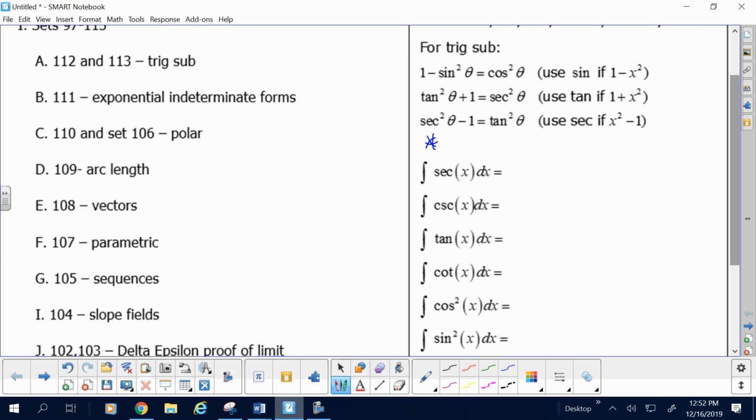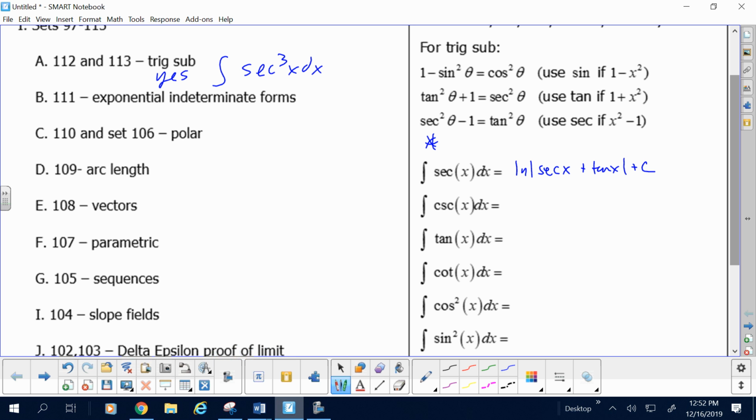Would you add in here, be able to integrate secant cubed, excuse me. Okay? Anyway, secant, what's the antiderivative? Natural log of secant plus tangent.